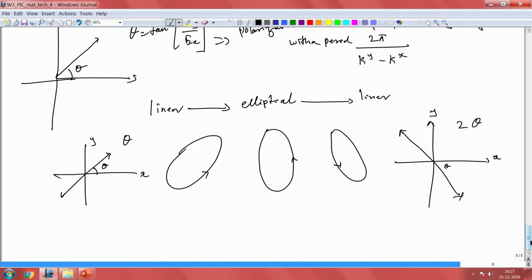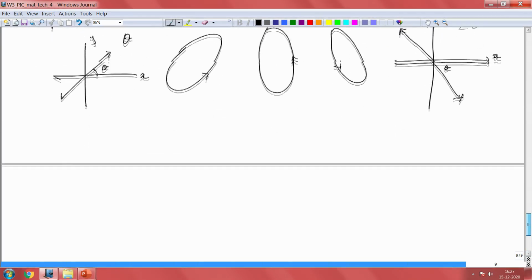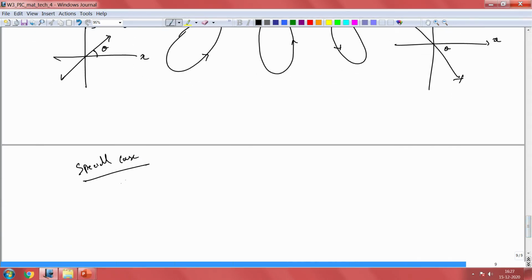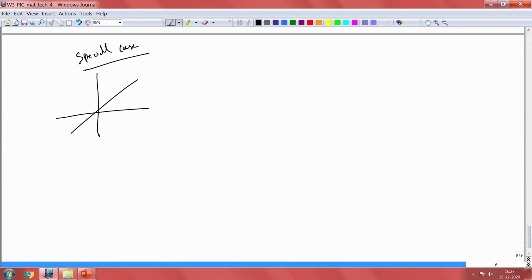So, in half period, the first half, it goes from linear to another linear, right. So that the angle is now from theta to theta. So there is a special case where you have this theta at 45 degrees.